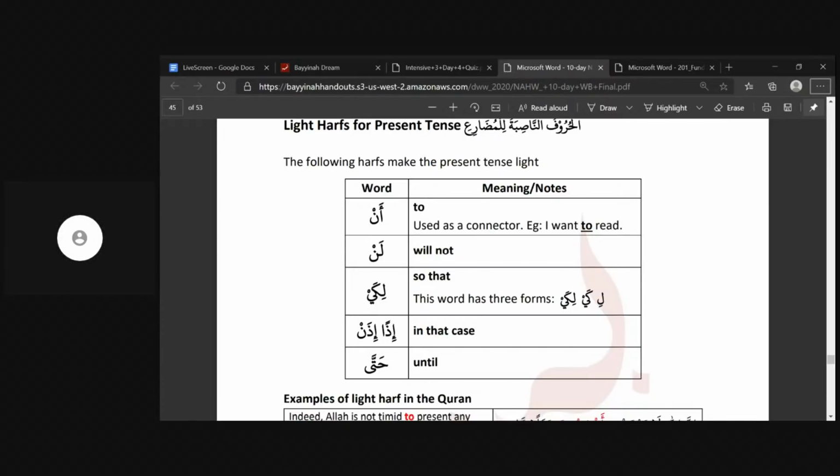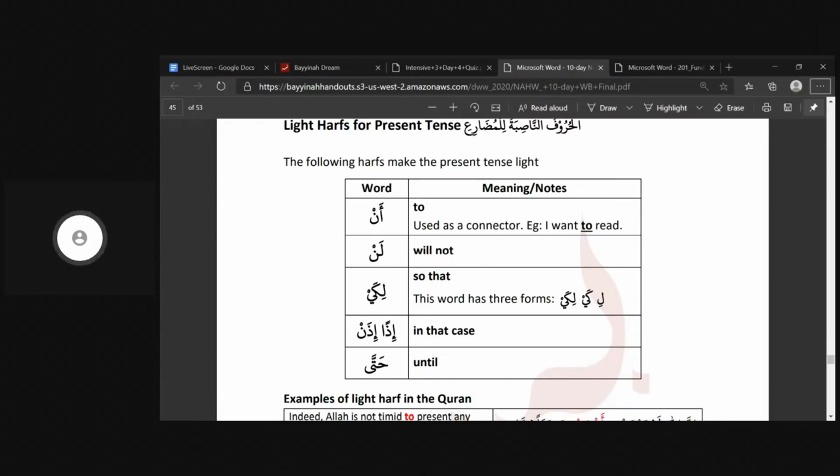So for the ones that end in u, which is, for example, yansuru, tansuru, ansuru, and nansuru, for these four, the u becomes an a. So it would become yansura, tansura, ansura, and nansura. We can do another example. Yuslimu, tuslimu, uslimu, and nuslimu becomes yuslima, tuslima, uslima, nuslima. So that u becomes an a.